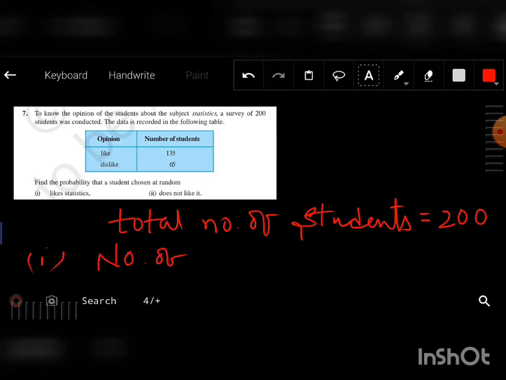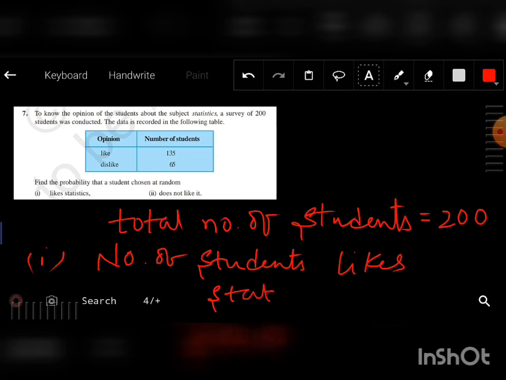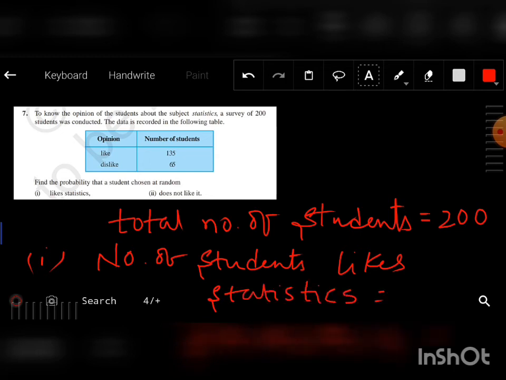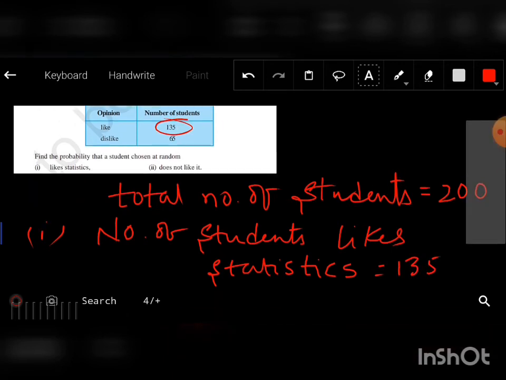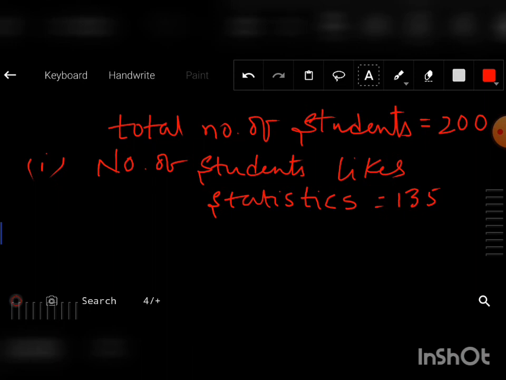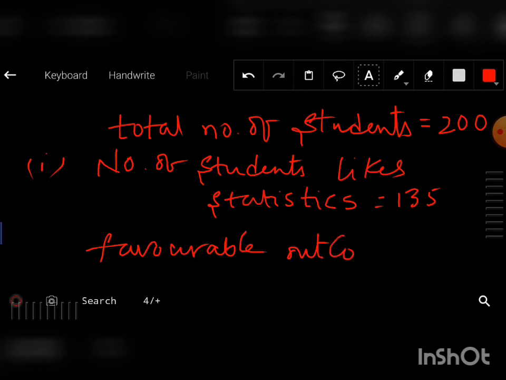Number of students who like statistics equals 135. So favorable outcome equals 135.